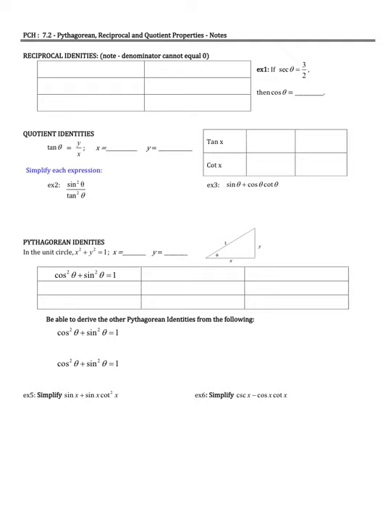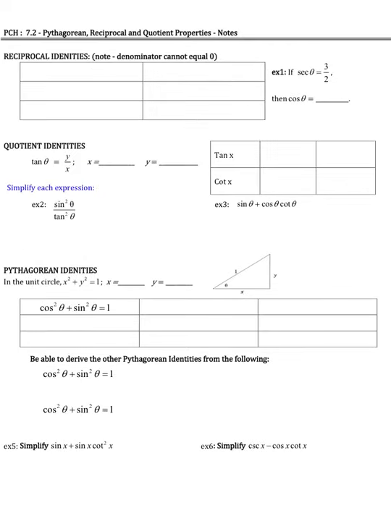We're going to start off with your reciprocal identities. So remember that the sine of x, its reciprocal is 1 over cosecant x, and correspondingly, if I had cosecant x, I could replace it with 1 over sine x. And that's kind of why we're going through this, because you use substitution on using these properties.